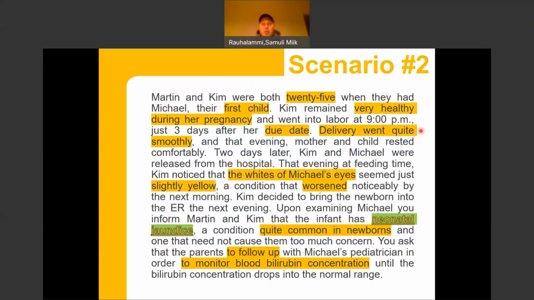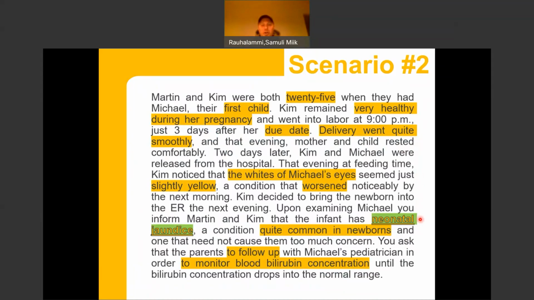Delivery went fairly smoothly. About 2 days later, they go home and they start to notice that the baby's eyes seem slightly yellow, and this condition keeps worsening, and they take the newborn to the ER.